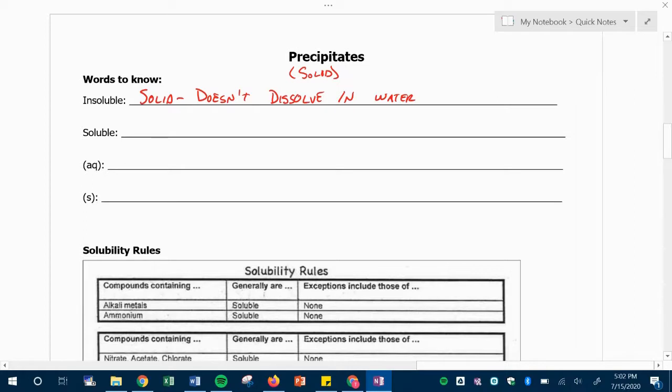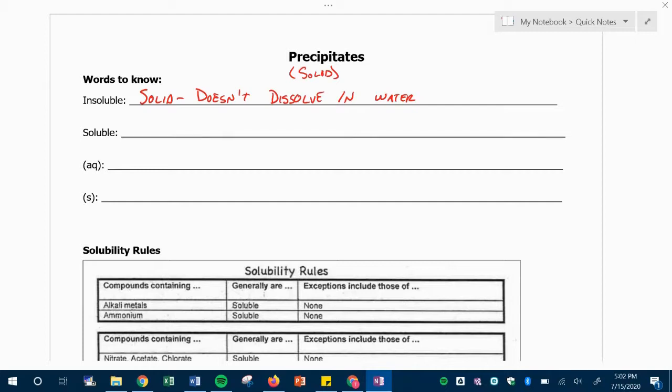There are tons of substances that dissolve in water. In fact, a majority of ionic substances dissolve in water. There are some, however, that don't. And so what we're going to talk about today is predicting when something will be a solid, when it won't be, or if you make one, how to figure out which of those two substances is your solid.